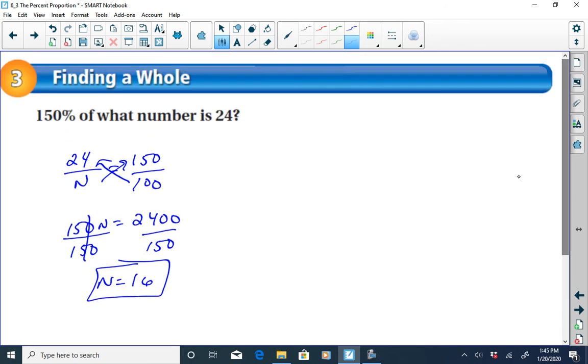Alright, now, just to review quickly, very simple, we're writing a percent proportion, so we're trying to make two equivalent ratios. One ratio is your percent ratio, so that's always going to be over 100. And if we're given the percent, that value is going to be the value over 100. So that's a very easy ratio to write.